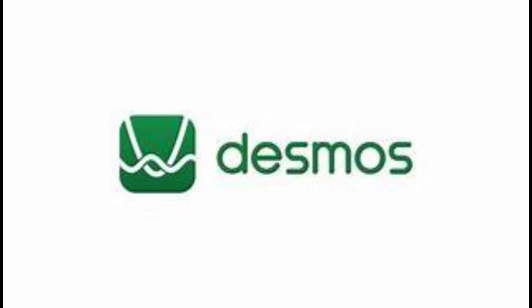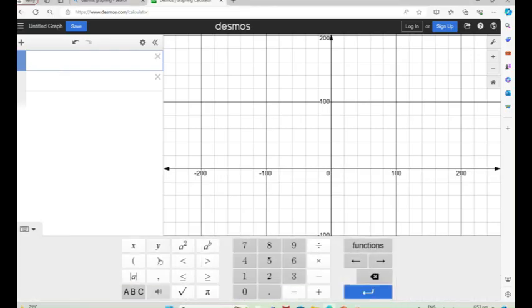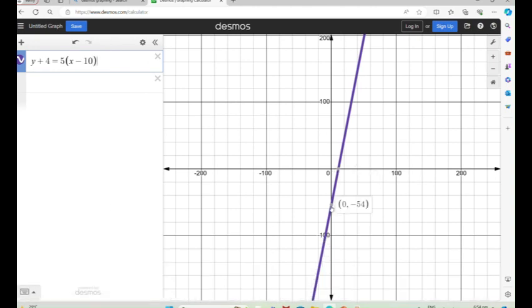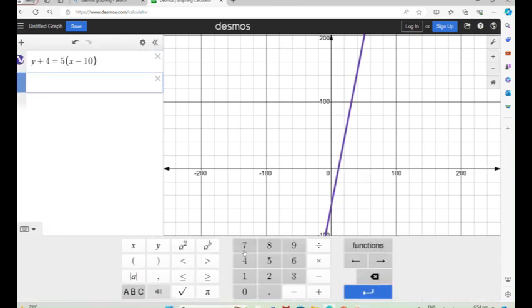To graph the equation in Desmos, we will input the point-slope form: y plus 4 equals -5 times x minus 10. Desmos will automatically recognize this as point-slope form and graph it accordingly. For the slope-intercept form, we will input y equals -5x plus 46.